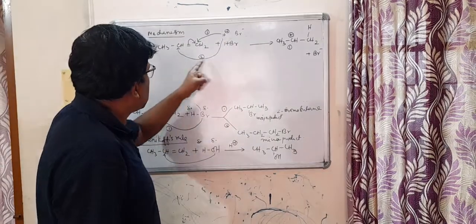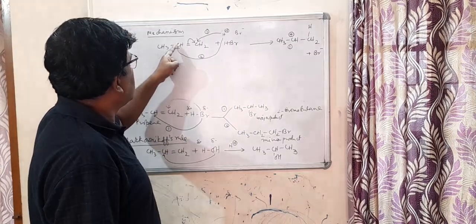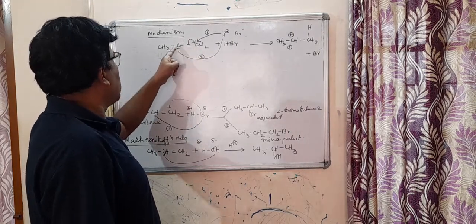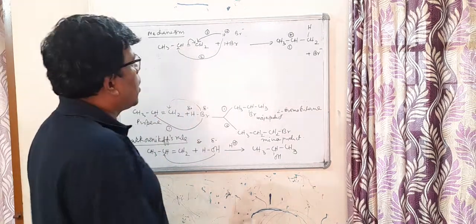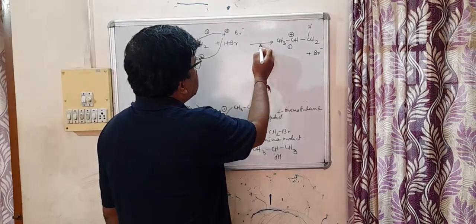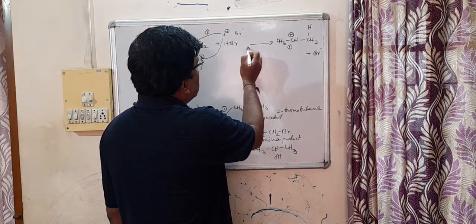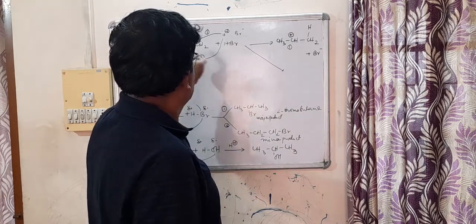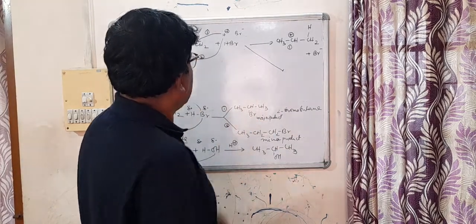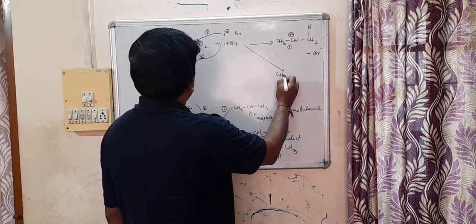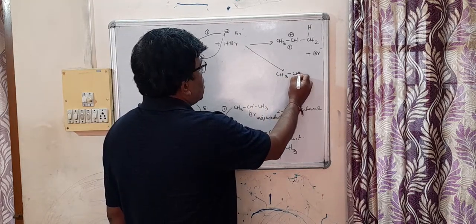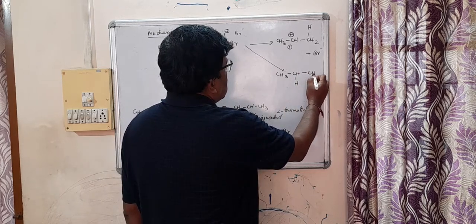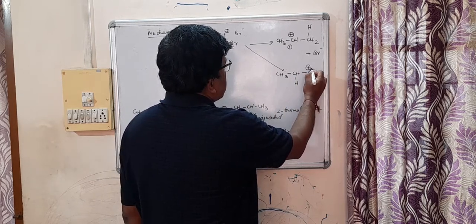If H plus attacks here, then in the same way the pi electron will come this side, and the product carbocation we will be getting will be CH3, CH2, CH2 plus.